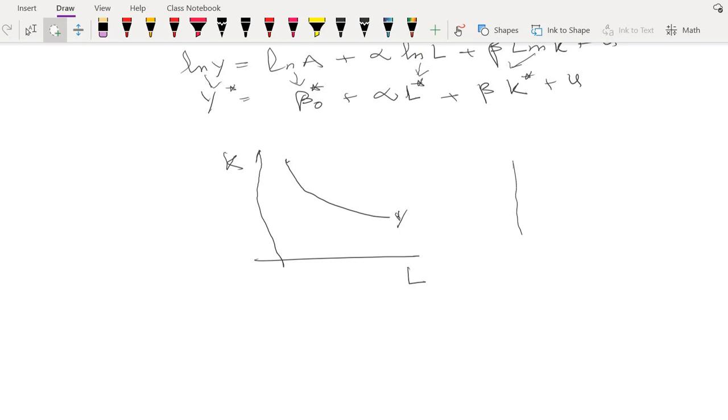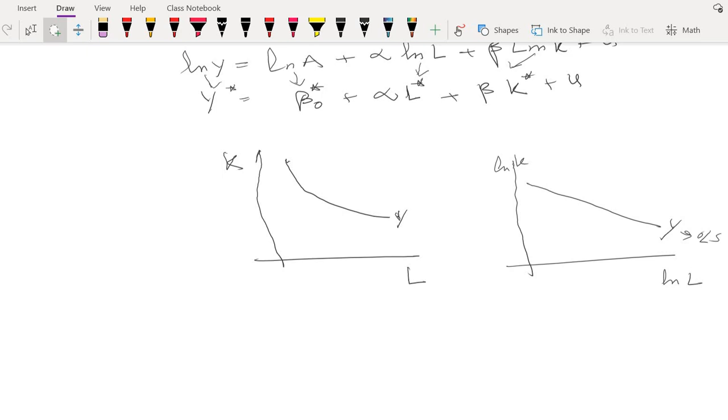But if I change the axes to ln of L and ln of K, this equation will become straight. And once it becomes straight, it can be estimated by the OLS technique, given the assumption that it satisfies all the classical linear regression model (CLRM) assumptions.